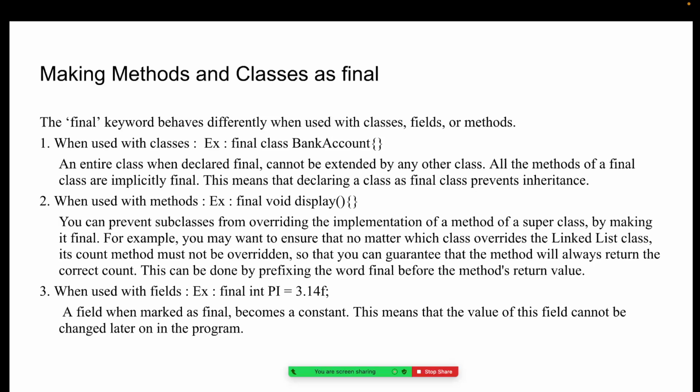If you try to do something like that, it will throw an error. Why? Because whenever we use final with any class name, it restricts that we cannot override or inherit that particular class. We cannot inherit that class.